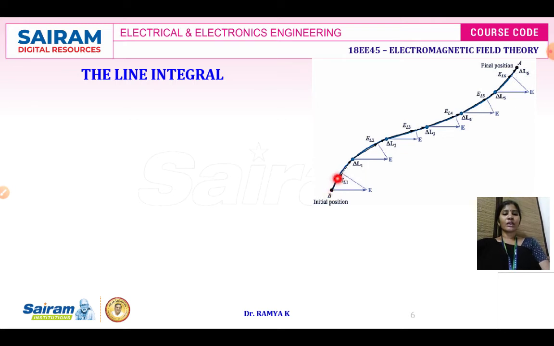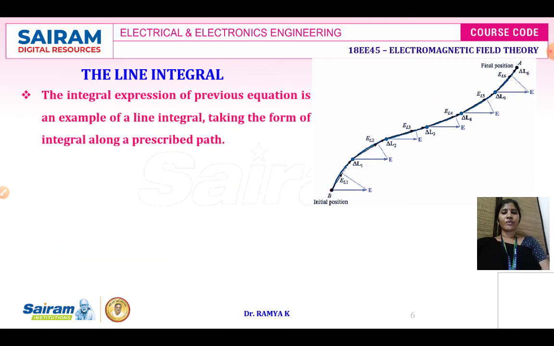Therefore, the complete line has been segregated into 6 line segments: 0, 1, 2, 3, 4, 5, 6. Initially the point will move from point B by delta L1, then from delta L1 to delta L2, delta L2 to delta L3. Likewise, it will start to move from point B and reach point A. It is going to be your destination.